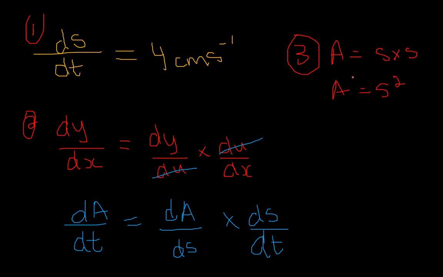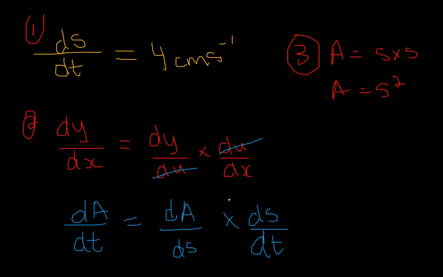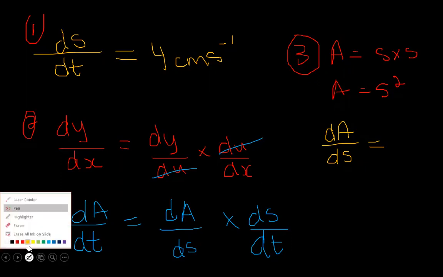But how exactly can I use this formula for area to help me find dA on ds? Well, this is why you're required to know the basics of differentiation before you start rates of change, right? dA on ds, that's what we want to find. How exactly do we do that? Well, all we have to do is apply our rule of differentiation. What does that rule state?